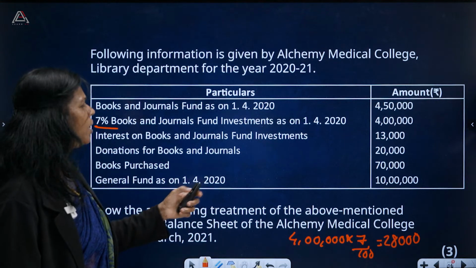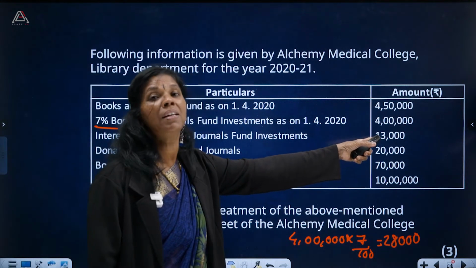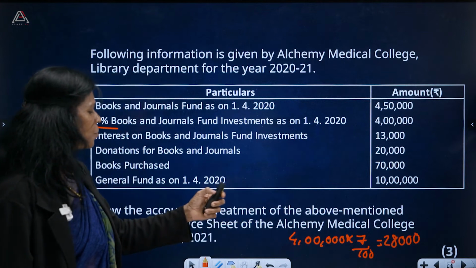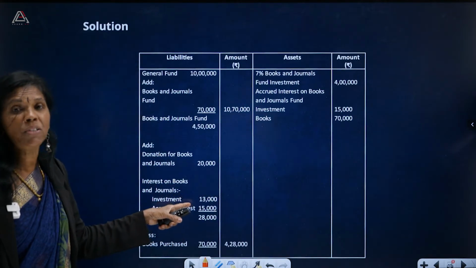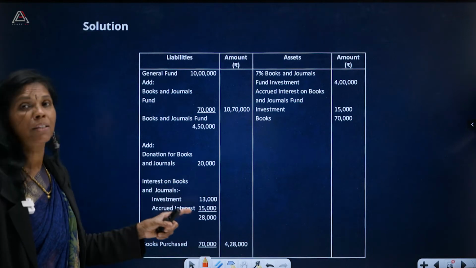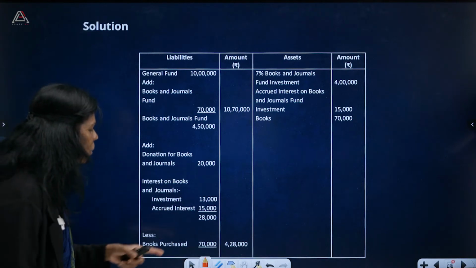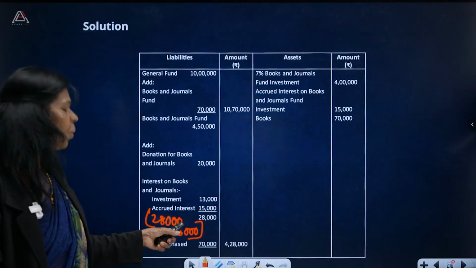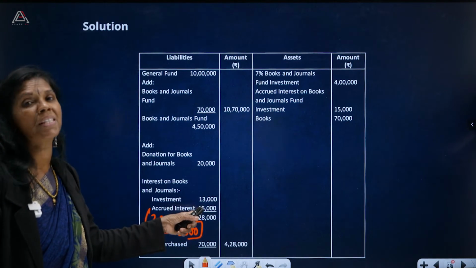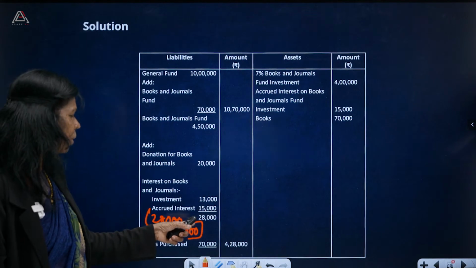So actually how much is the interest received? 13,000. So see, only 13,000 we got. What is the total? 28,000. So accrued, that is, instead of 28,000 we got only 13,000. So the difference, that is 15,000, is the accrued interest.